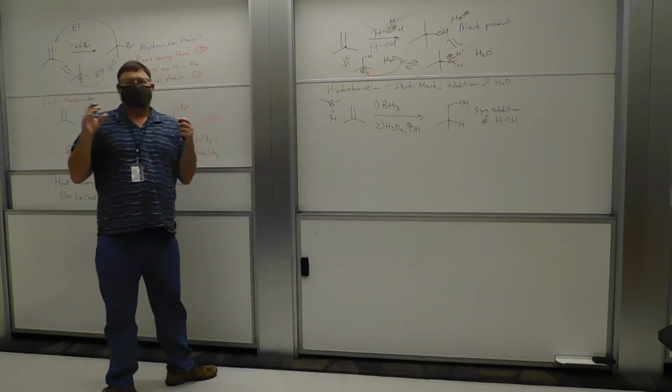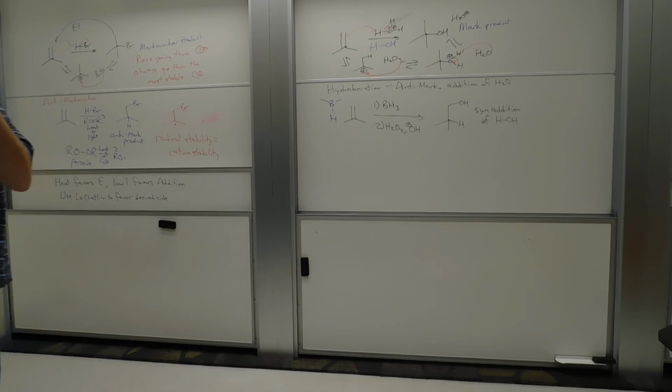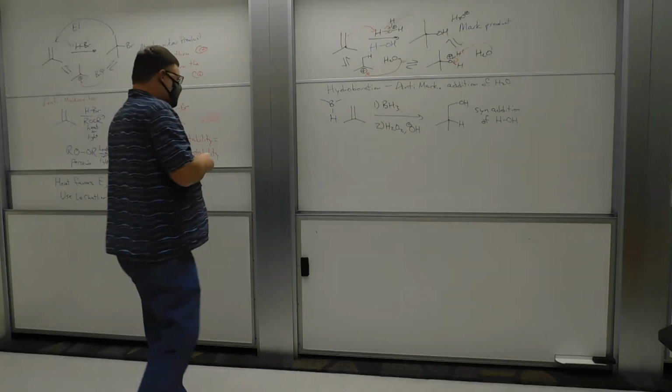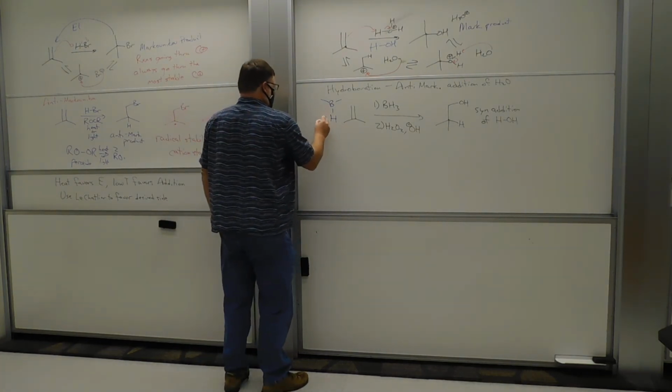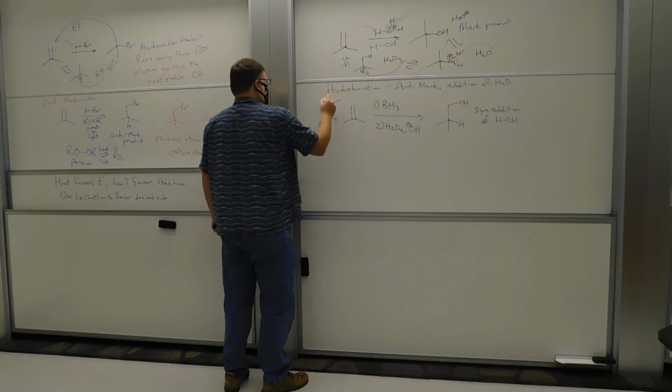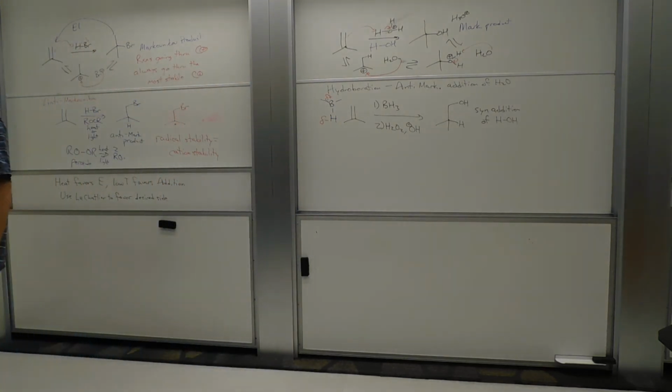And actually, you get better selectivity for the anti-Markovnikov product the bigger those groups are. So some of this is directed by sterics. But the other bit that helps here is that the BH bond is polarized the reverse of what you're used to seeing.